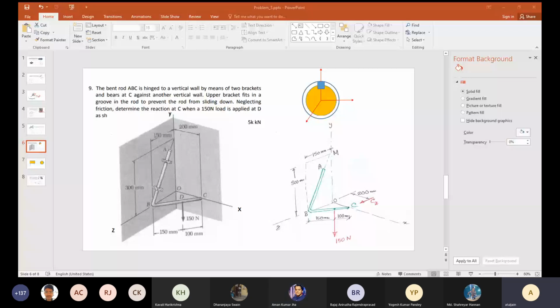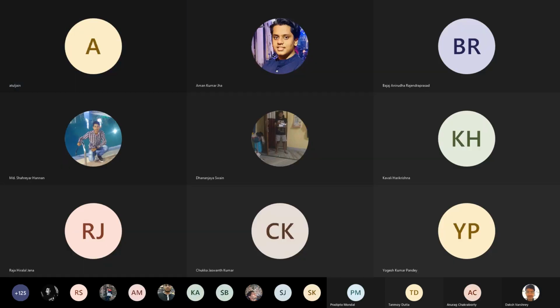So Tanmay has shown a bracket. This is a bracket for a flat plate. Can you see this photo that Tanmay has sent? Sir, is that a bracket or a clamp?